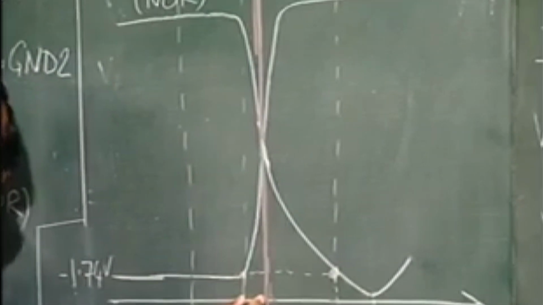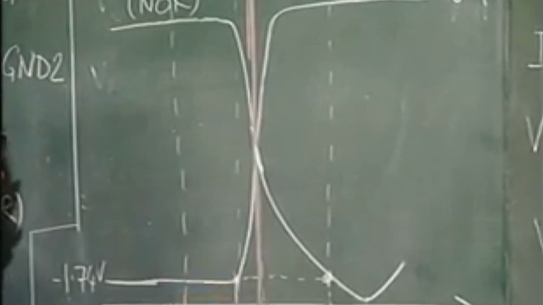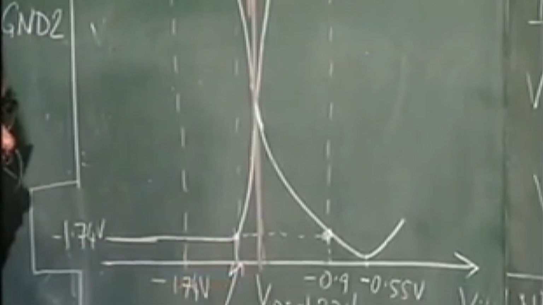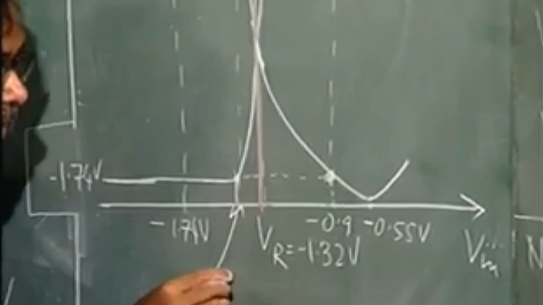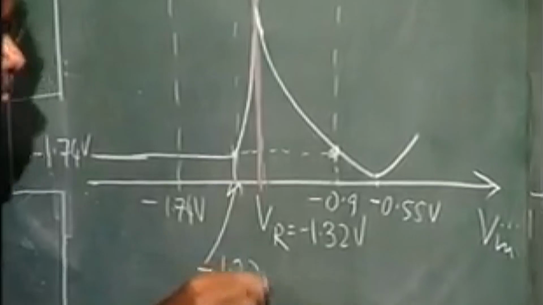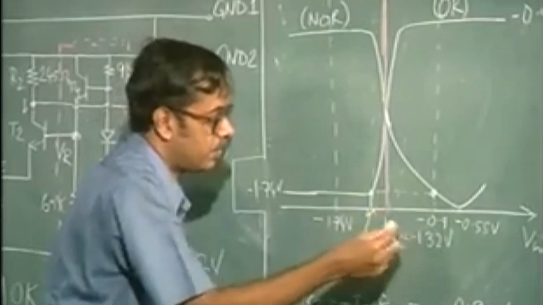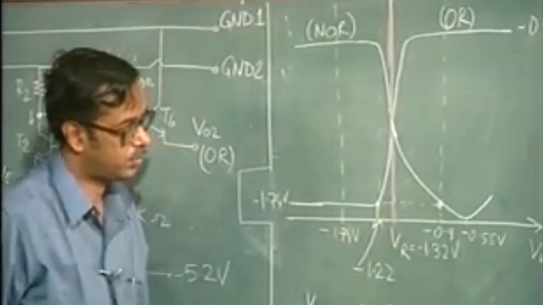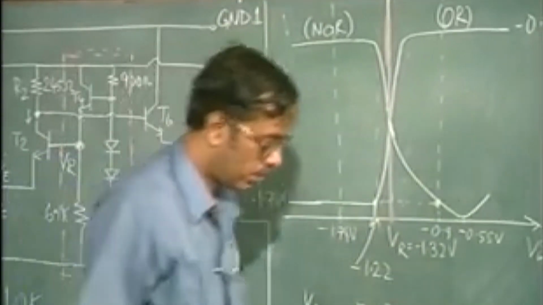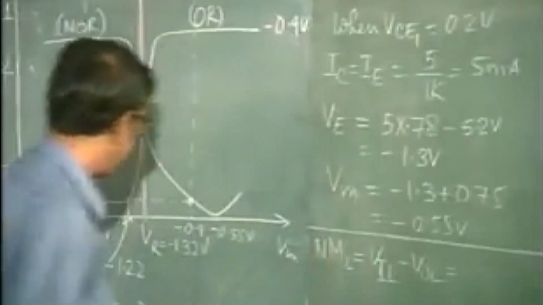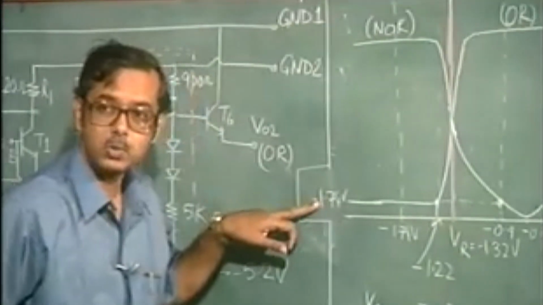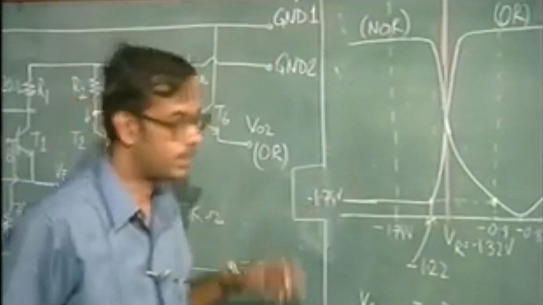So, if this is 0.1 volts, that means this is how much? Minus 1.22, and the other extreme is minus 1.42 on the other side. And V output low is minus 1.74.